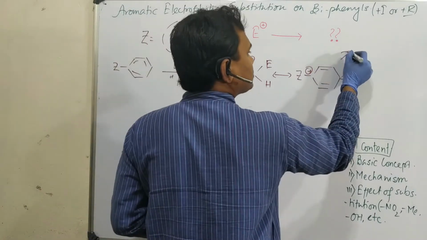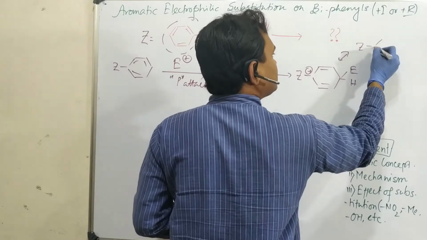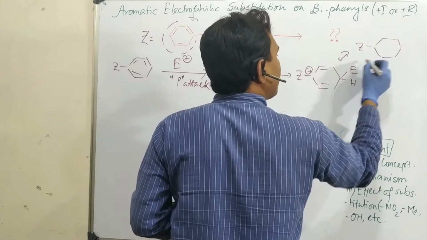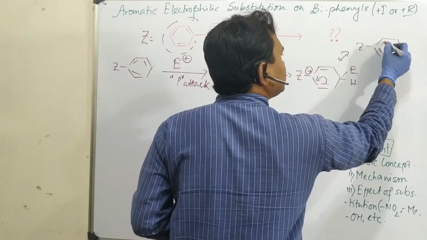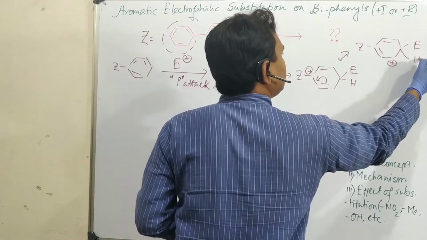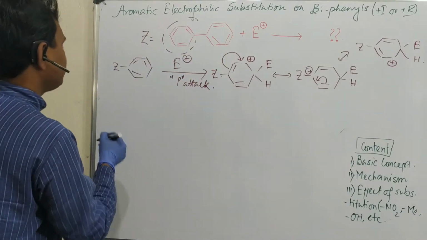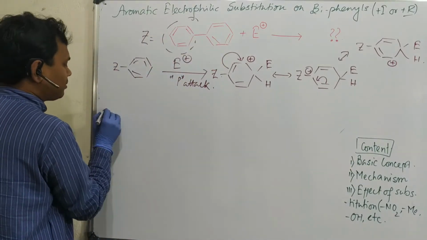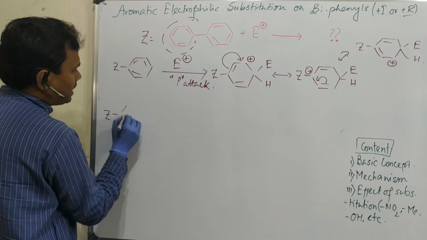Another canonical form is possible, with Z here, the plus charge here, E and H. Now let's consider the meta attack.